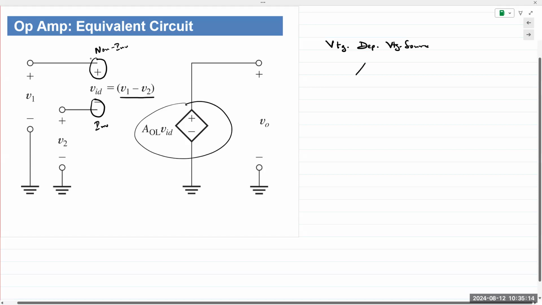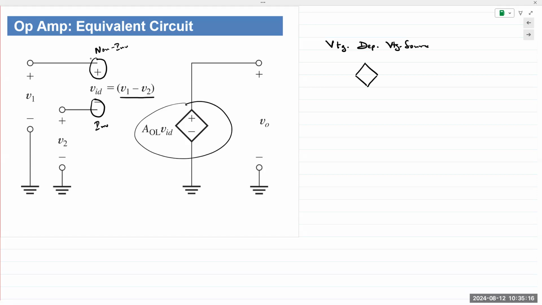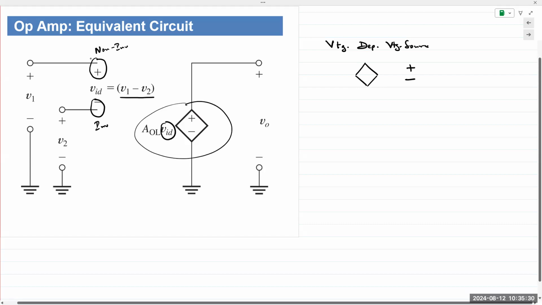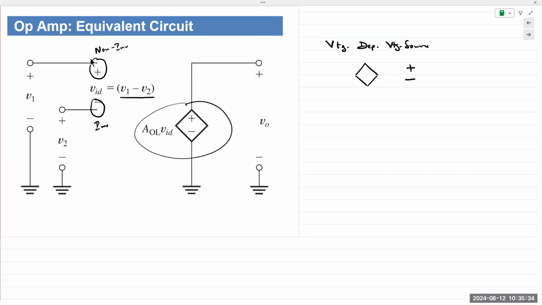The triangle illustrates that it's a dependent source, and then the plus and minus signs indicate it's a voltage source. And the dependency is on the input voltage VID. It's a voltage dependent voltage source.